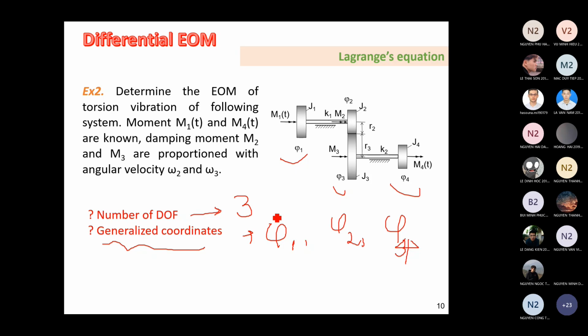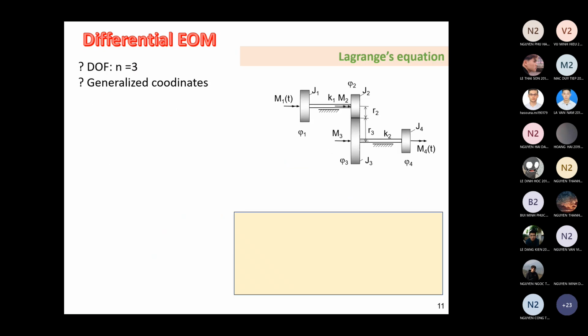Okay, so it is also calculated as the spring, but the potential for the torsional vibration here is K1 multiplied by phi 1 square. For the kinetic and potential energy.